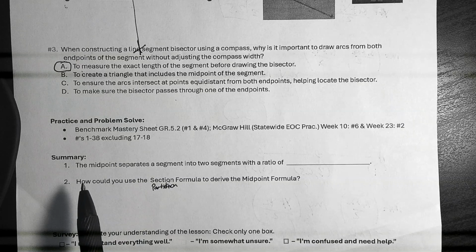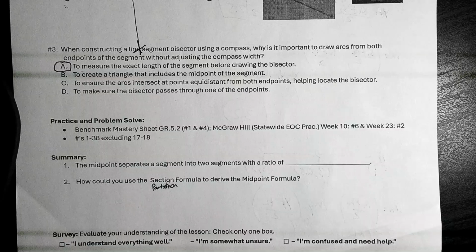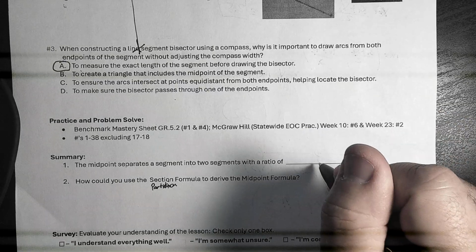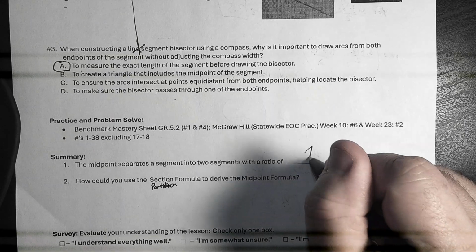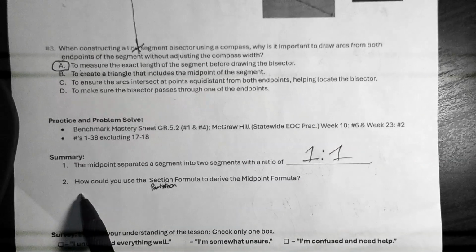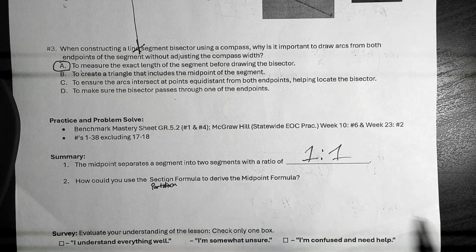At the summary for the bottom. So let me flip over. All right, so the summary: a midpoint separates a segment into 2 segments with a ratio of, hopefully you remembered, 1:1. And then how could you use the section, and it's actually the partition formula, to derive the midpoint?